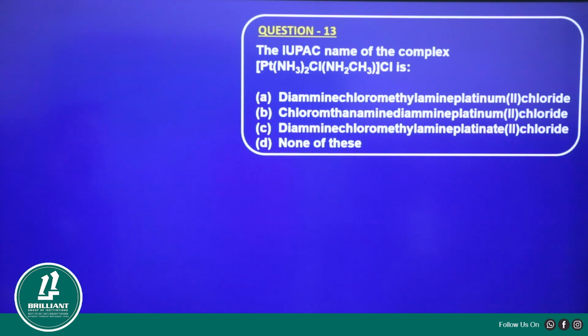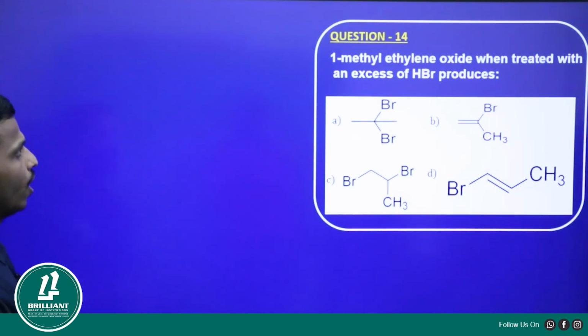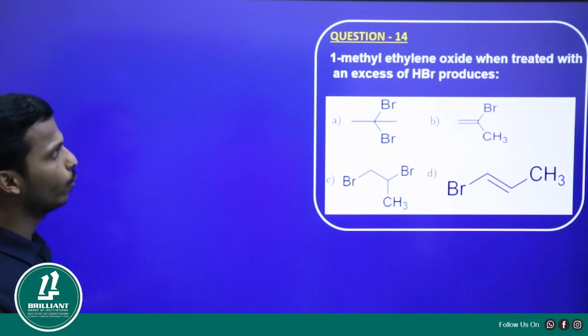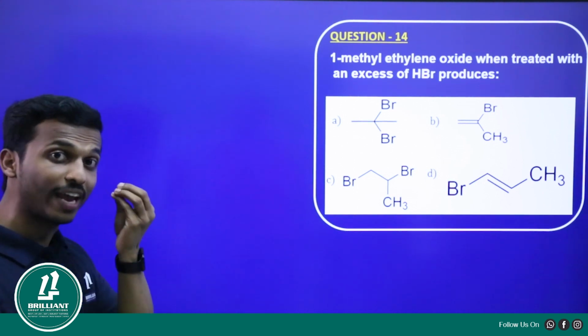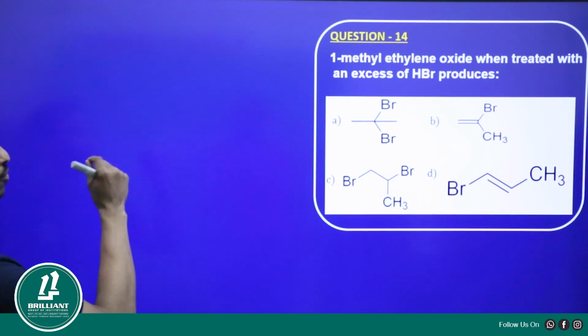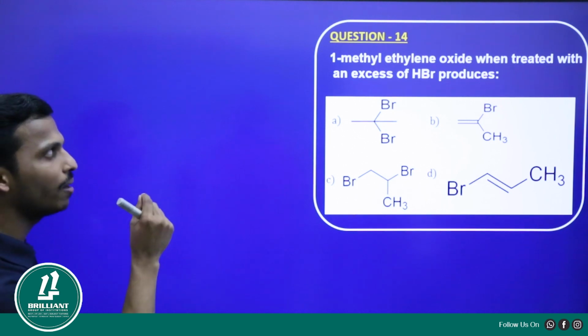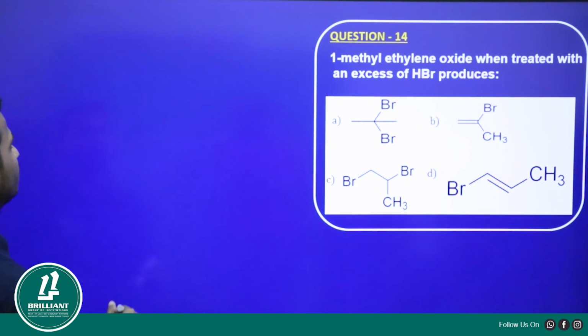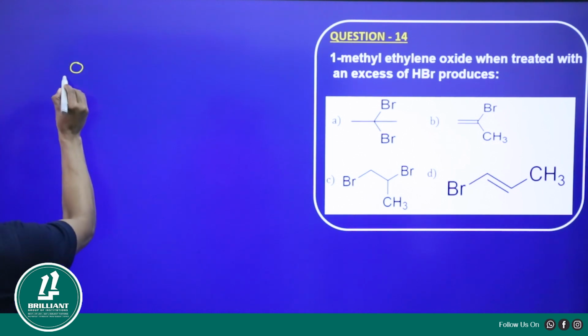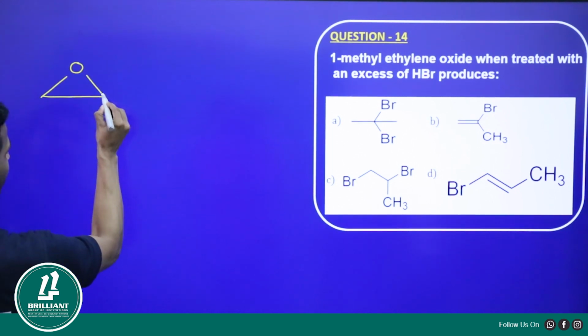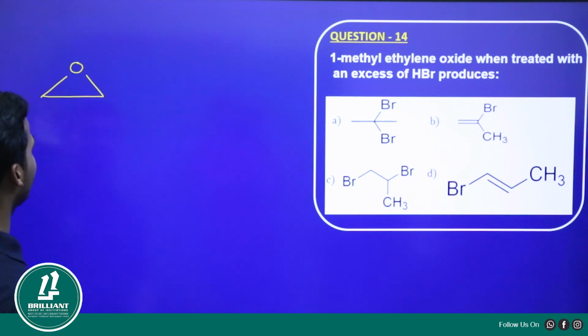Okay, let's go to question number 14. 1-methyl ethylene oxide, when treated with an excess of HBr, produces what? So first of all, you have to know what the compound 1-methyl ethylene oxide is. Very simple. You know ethylene oxide, one oxygen, and this is the ethylene part.